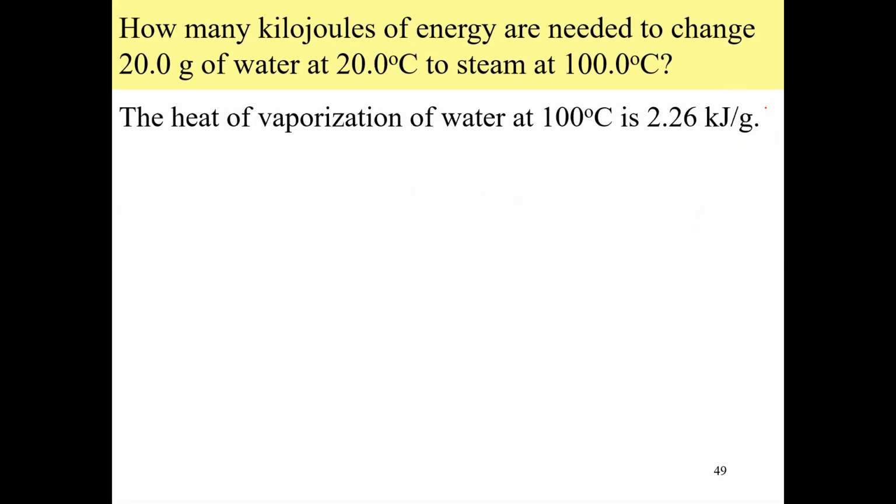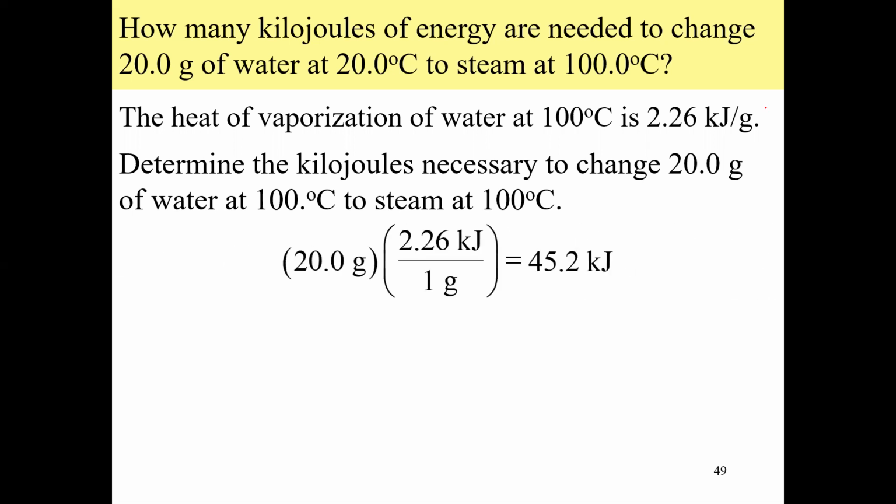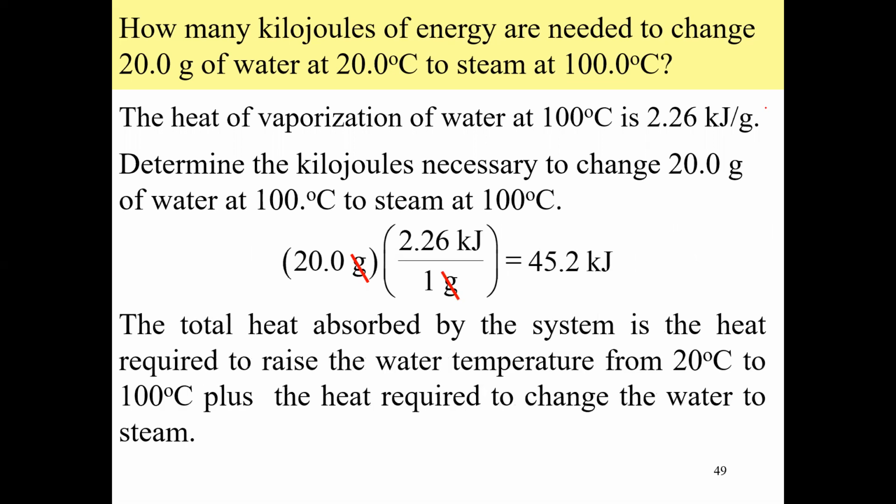Okay, so the second part: the heat of vaporization of water is 2.26 kilojoules per gram. Determine the kilojoules necessary to change 20 grams of water at 100 degrees C to steam. So basically you have those things together. The total heat absorbed by the system is the heat required to raise it from 20 degrees plus the heat required to do both.